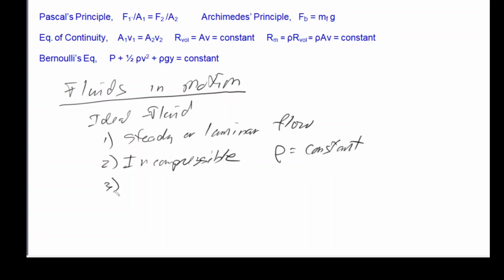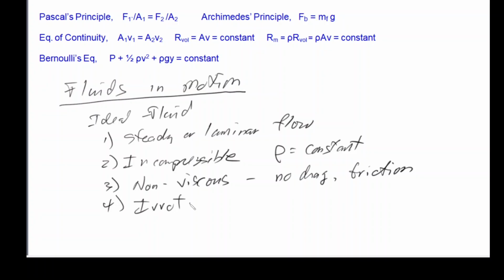The third assumption for an ideal fluid is that it is non-viscous. That means that the fluid has no drag or internal friction. And the fourth assumption is that the flow is irrotational, that an object does not rotate within the fluid.